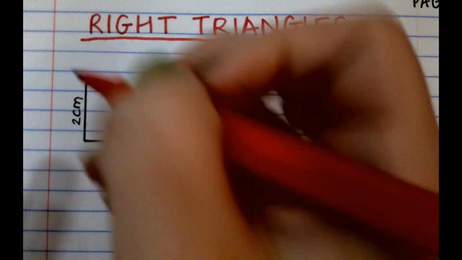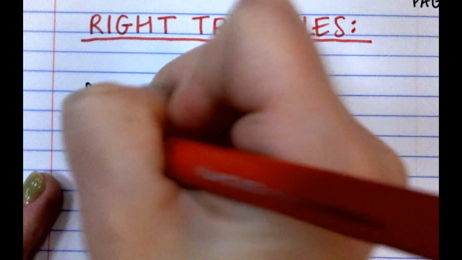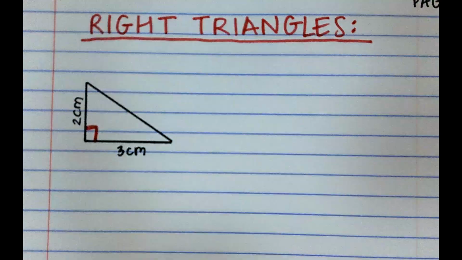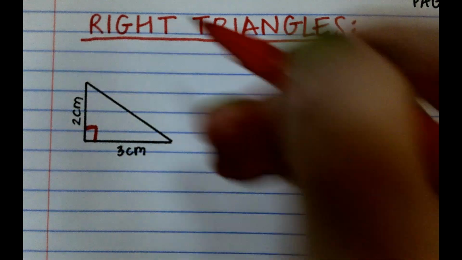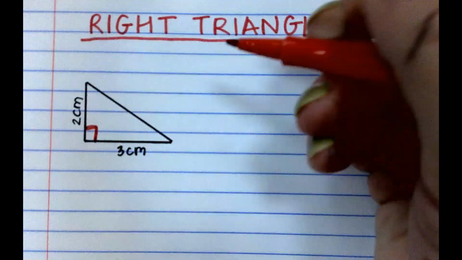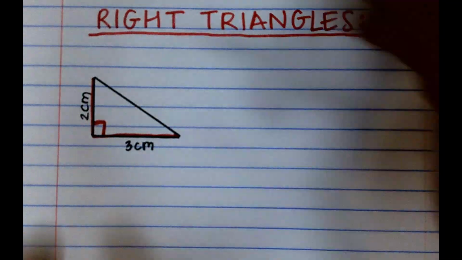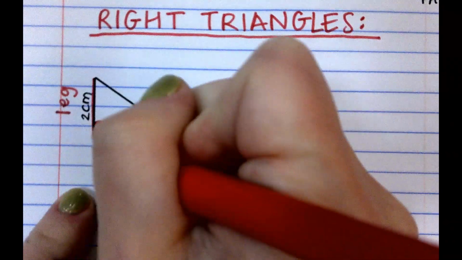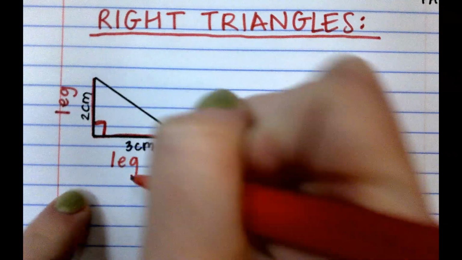So I'll start with giving that 90-degree angle its box. And the 2 different sides that make up that 90-degree angle, I'll highlight those with my red. And in a right triangle, we call these the legs. So this is a leg. This is a leg.